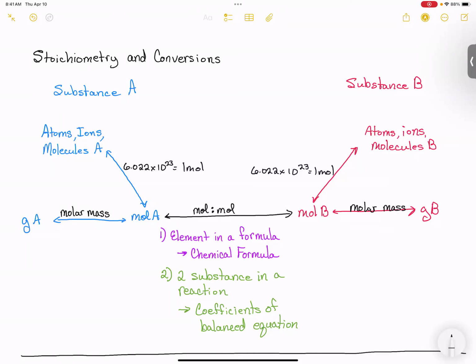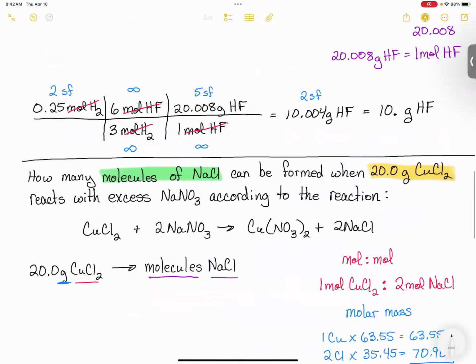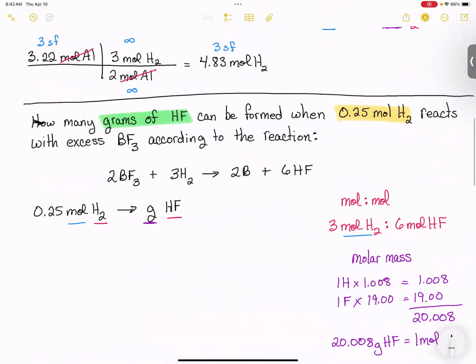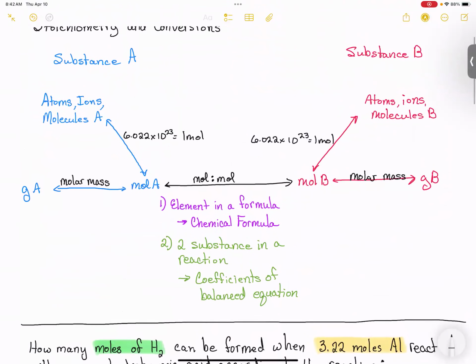And now let's go back to the second problem. Let me remember what the second problem was. Second problem was grams of HF from moles of H2. We started with moles of H2, so we're starting here on this one. What was our first conversion factor in that second problem?